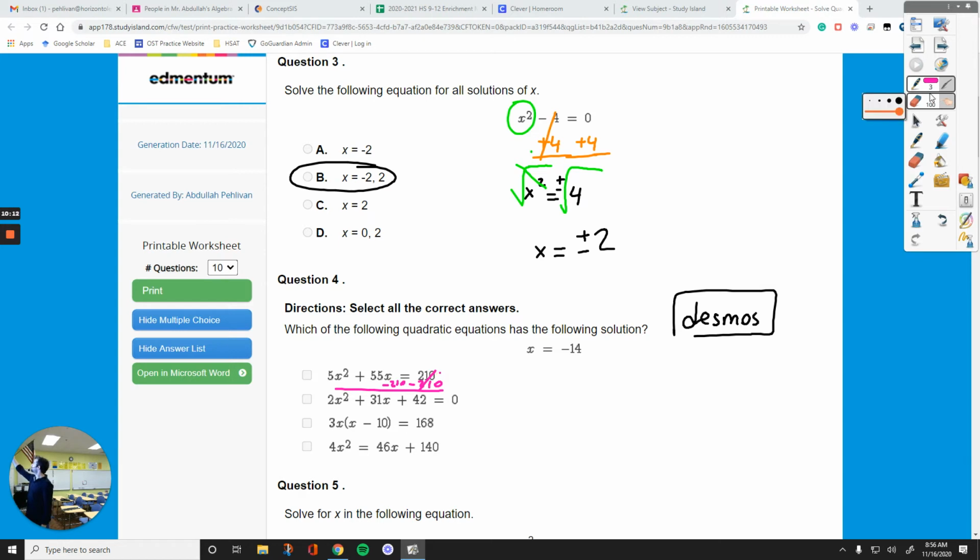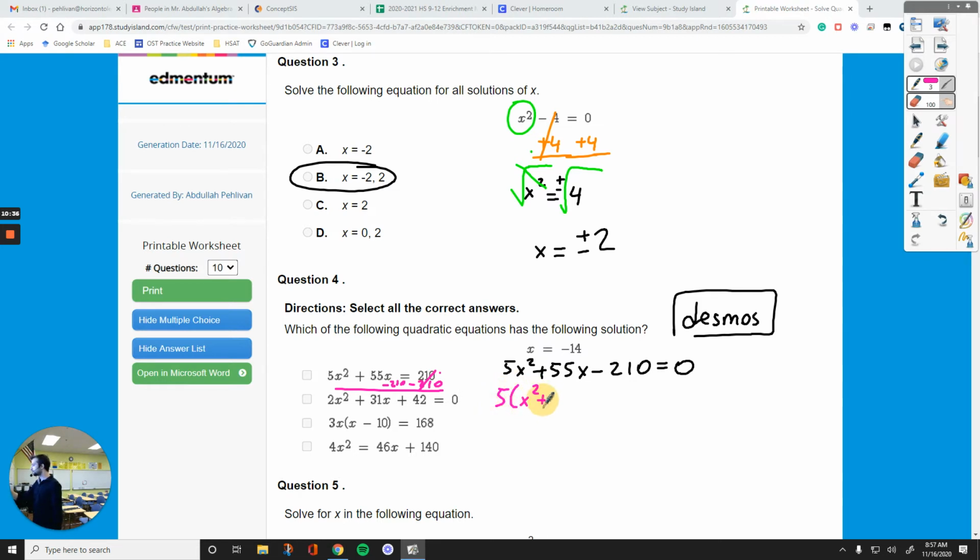So first step, I'm rewriting the equation all over here. 5x squared. I'm trying to make it small so I have enough space. Minus 210 equals 0. Now I can factor the 5 out. So 5 is outside.